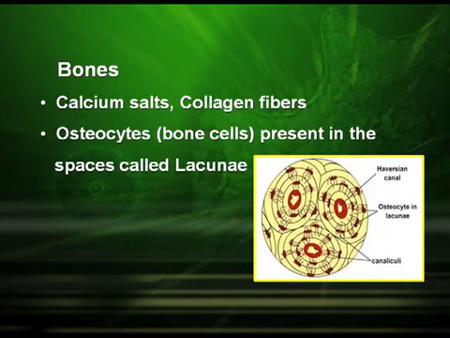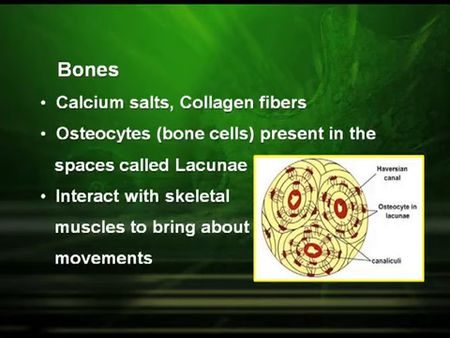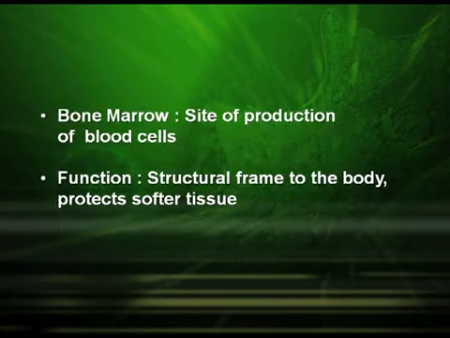The bones are made up of calcium salts and collagen fibers. They are made up of bone cells known as osteocytes, which are present in spaces called the lacuna. They interact with the skeletal muscles to bring about movements. The bone marrow is the site of production of blood cells.